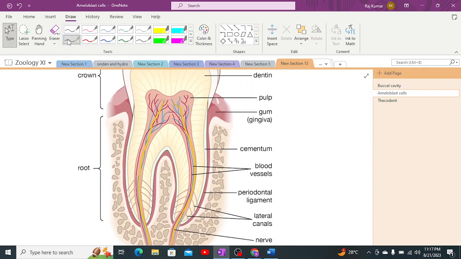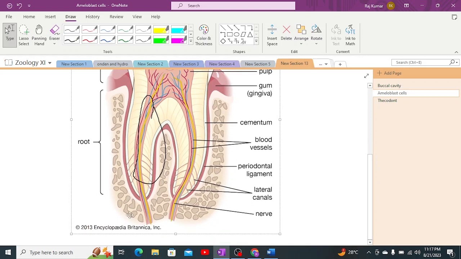As you can see over the screen, these are some blood vessels which are coming inside and outside the pulp cavity through an opening inside the teeth. That opening is known as apical foramen. This apical foramen allows the entrance of blood vessels as well as nerve fibers inside the pulp cavity.